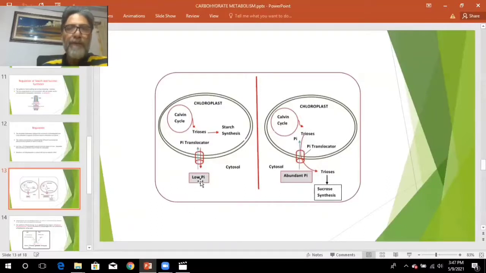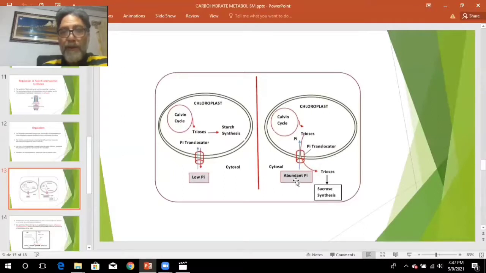What will happen when there is low? There will be no exchange taking place. No exchange. That means in the chloroplast, the Calvin cycle trioses, through a process of reactions, will result in the synthesis of starch. So a low level of orthophosphate will result in synthesis of starch in the chloroplast.